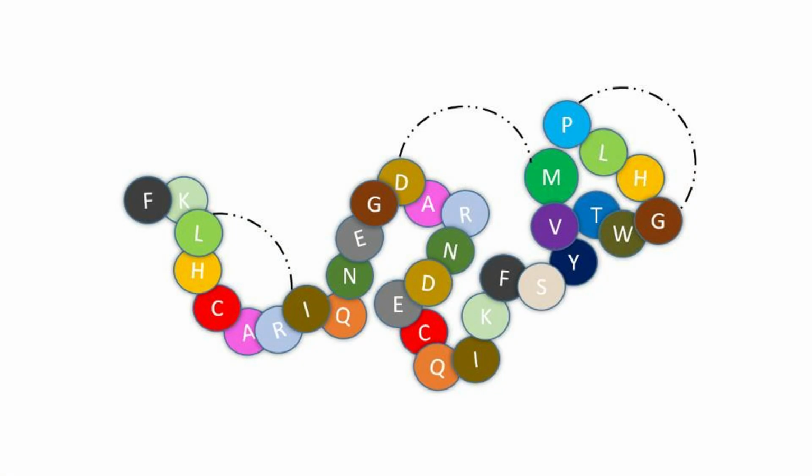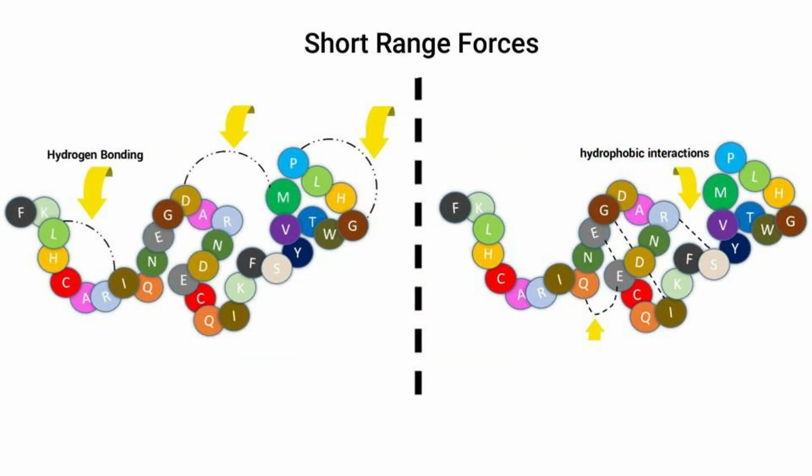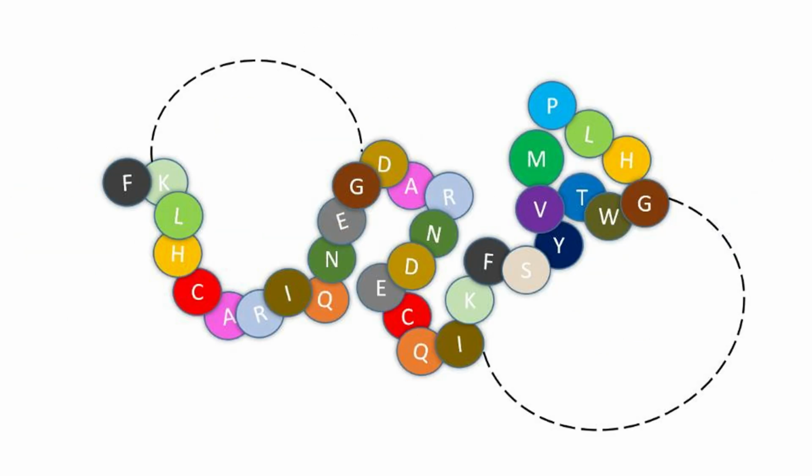The study revealed that short-range forces such as hydrogen bonds between nearby amino acids and hydrophobic interaction inside the protein play a role in protein folding. However, the authors concluded that short-range forces alone couldn't fully explain the protein folding. Instead, they identified long-range forces, what they termed long-range effective forces, as crucial for the folding process.